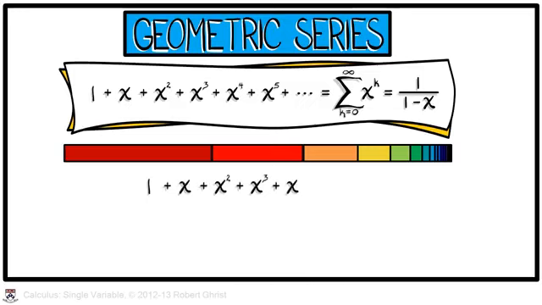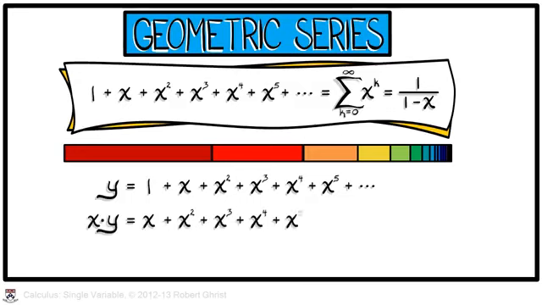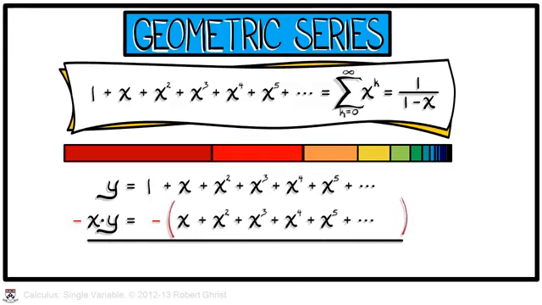Well, let's see. Let us take this infinite sum and call it y. If we multiply this by x, then we obtain x plus x squared plus x cubed, etc. If we were to subtract that from our original series, y, then we see that everything cancels except for the first term, so that y minus x times y equals 1.